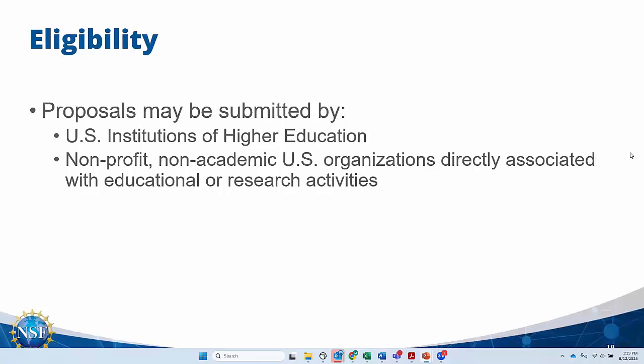In addition, nonprofit, non-academic US organizations which are directly involved with educational or research activities are also eligible to apply. Those can be museums, observatories, research labs, a whole bunch of organizations that can fit the requirement of the second type. They are also eligible to apply for the TTP program.